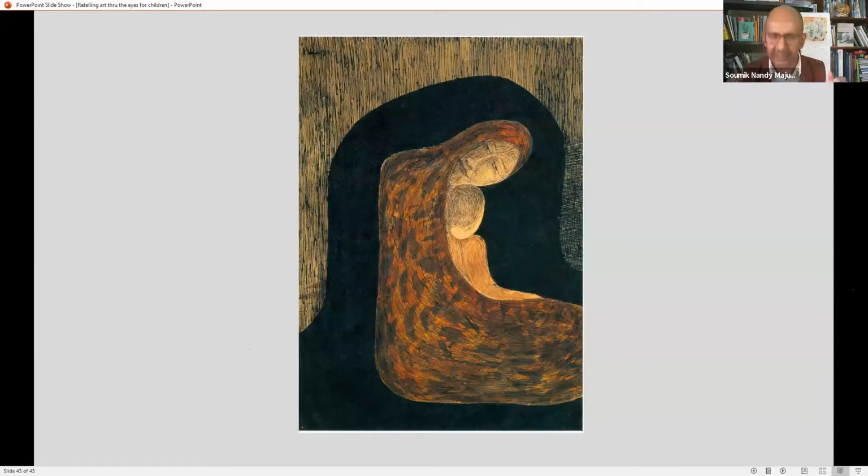She said, this black space around this figure is the expression of the love, of the empathy. She used the word mamuta, Mayer mamuta, with which this mother is protecting her child.